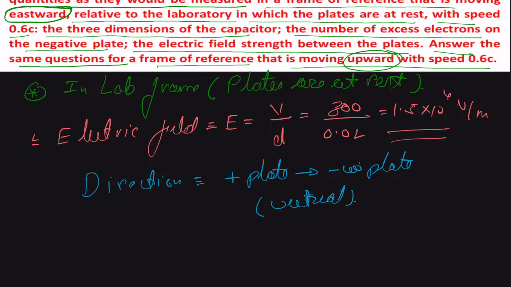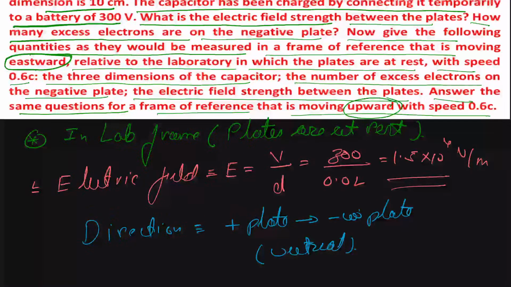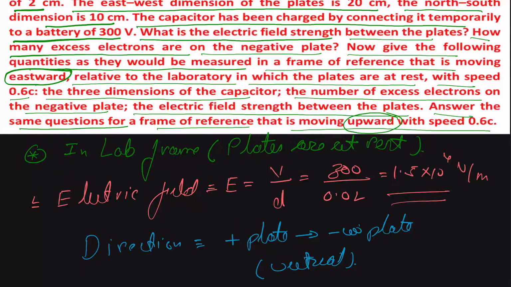And then we got the electric field, and we are supposed to find the excess electrons. For that, first of all, we are going to find the charge, and from the charge we can find the number of electrons present.